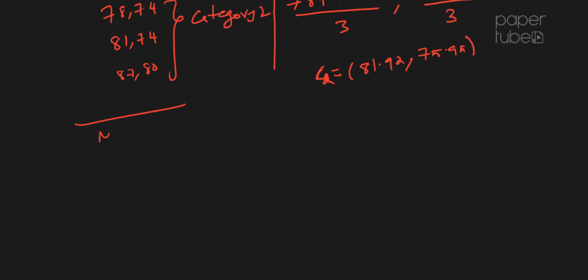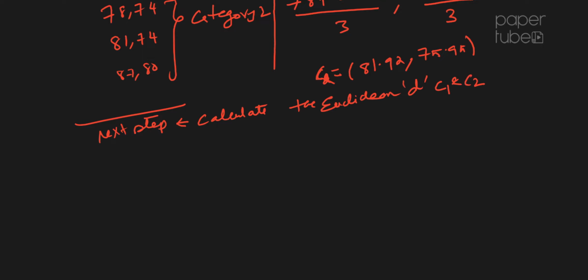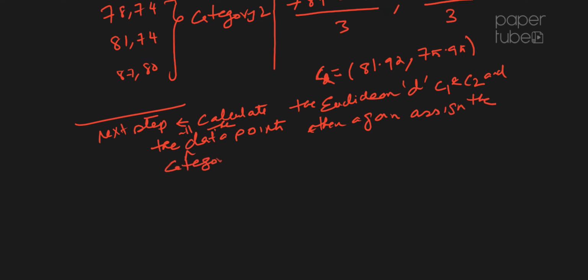So next step, calculate the Euclidean distance between the cluster centers C1 and C2 and all the data points, and then again assign the category based on the distance that you calculated.